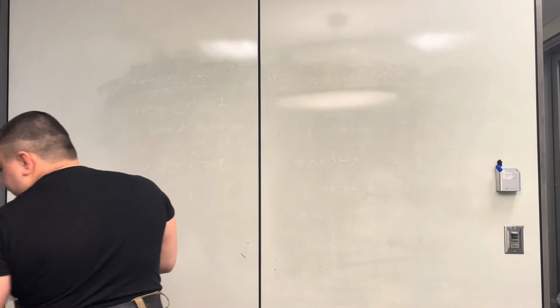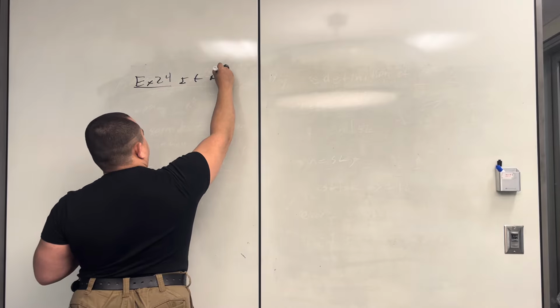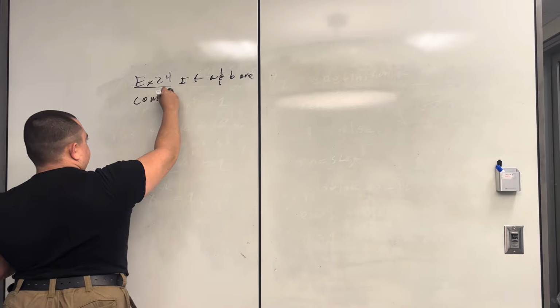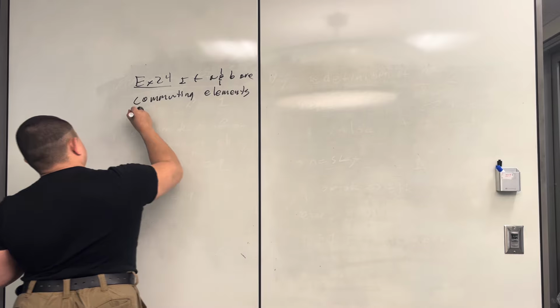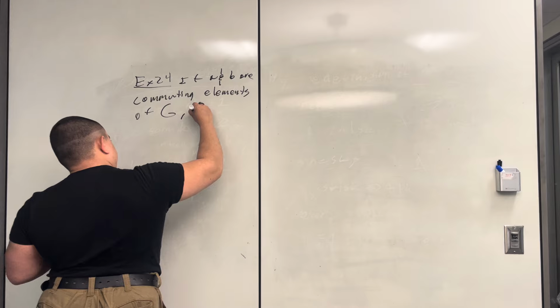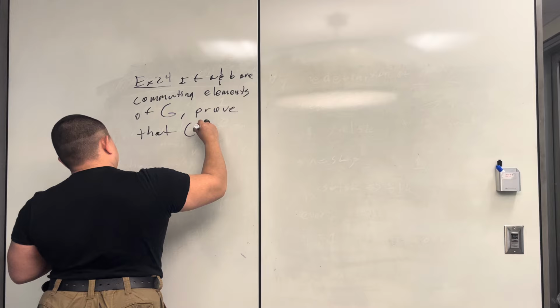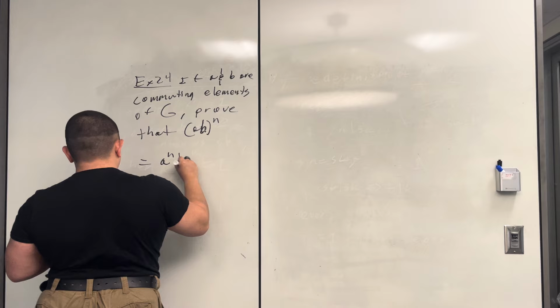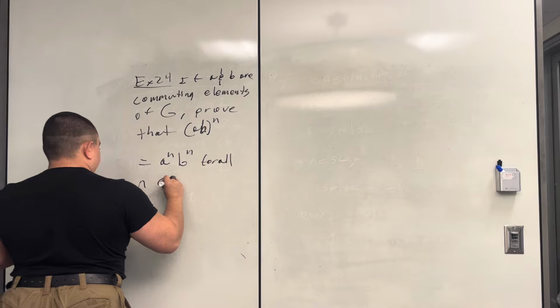So, let's look at exercise 24. If A and B are commuting elements of G, prove that (a times b) to the n is equal to a to the n times b to the n for all n within the integers.